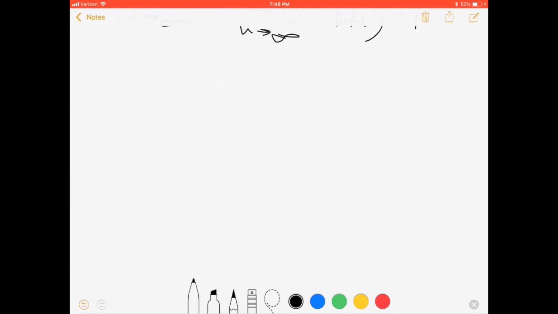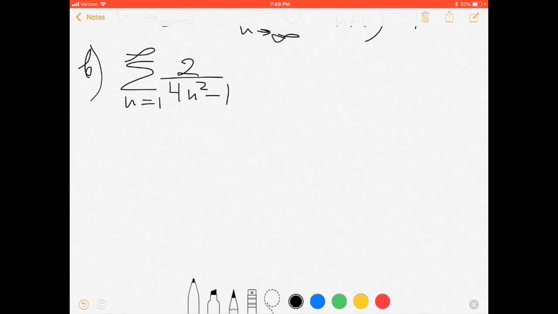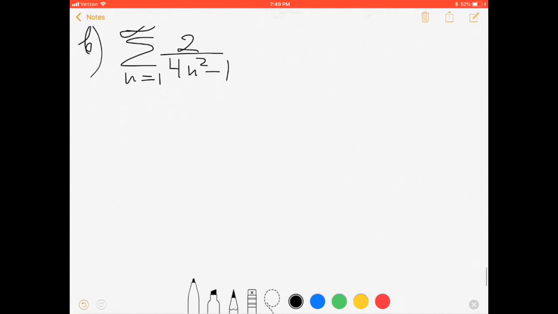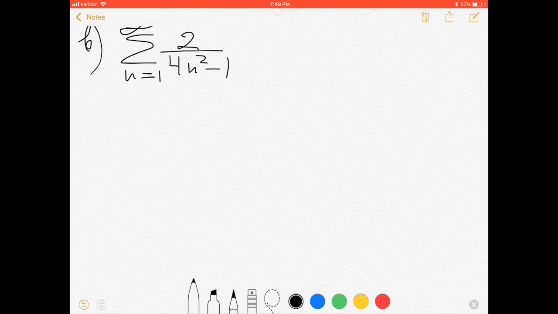Making one more example, let's go, example B. When you have the series 2 over 4n squared minus 1. But this series is telescopic series too, and now I show you how we can work. Here we use the method to rewrite this fraction like partial fractions.